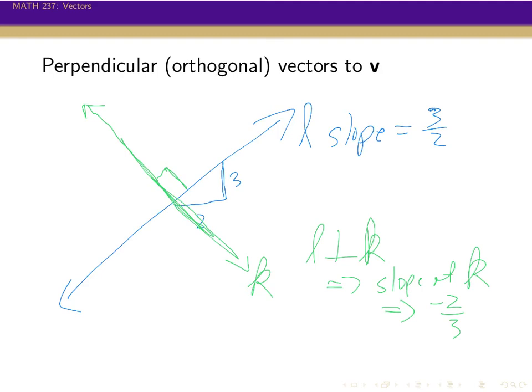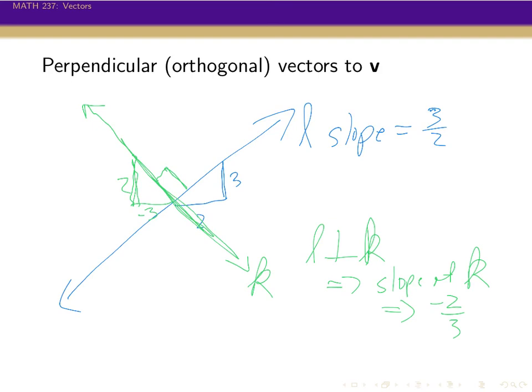You can kind of see that here, that if I go to the left minus 3 and up 2, that's going to give me K.